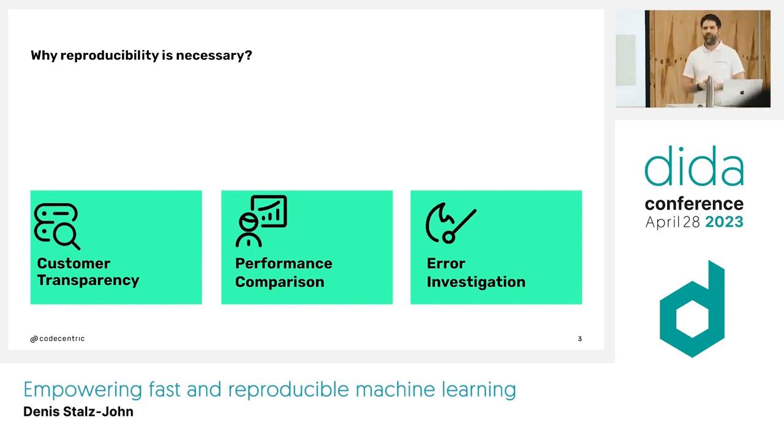For example, if you have a model in a production area running for half a year without any problems, and suddenly something goes wrong, what is the solution to fix that error? Therefore you need all the information you can get about the training process.